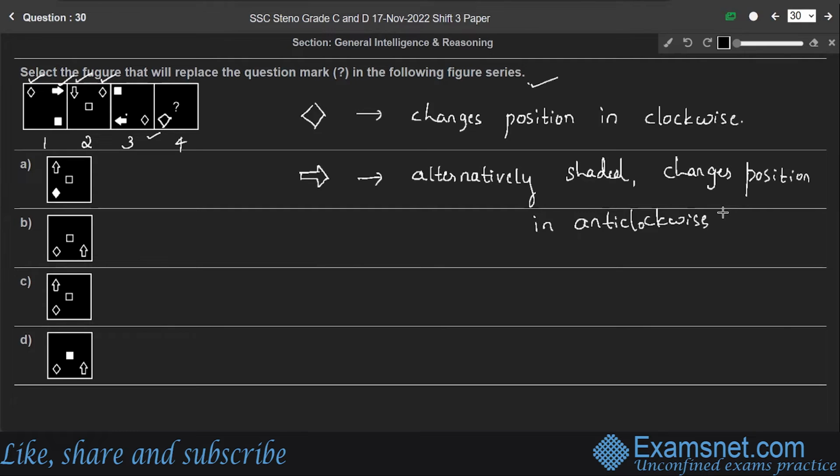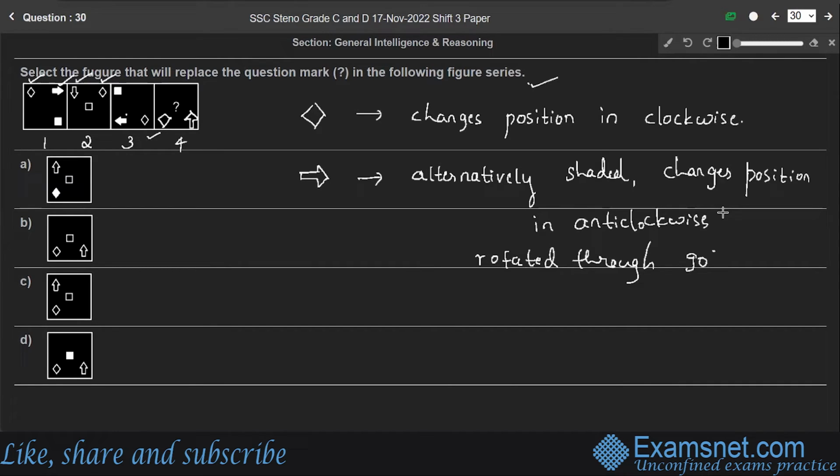Since it is rotating in its own position, its direction has to be upwards, because in each figure it is rotated through 90 degrees. Therefore, in the fourth figure, its direction has to be upwards, which is non-shaded, because in the third figure it is shaded.